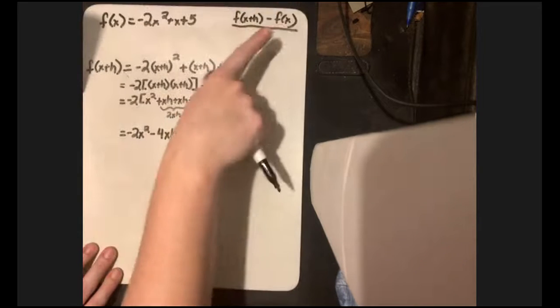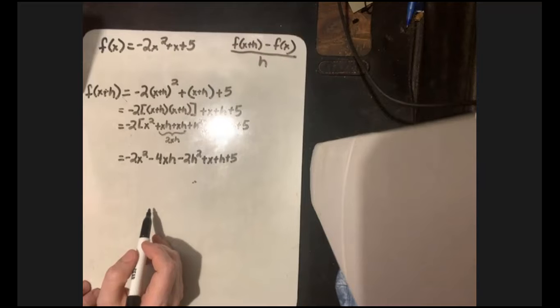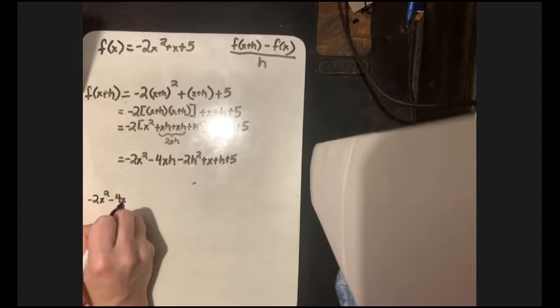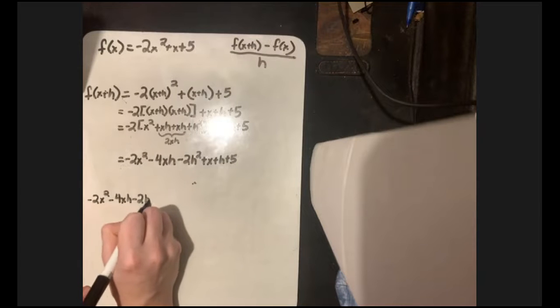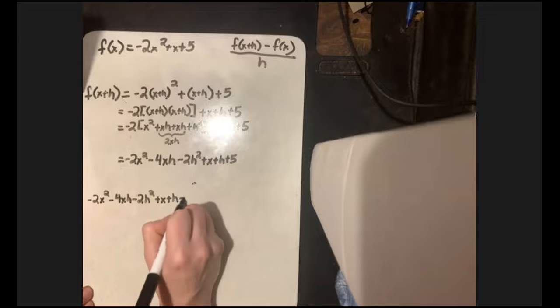Now, I'm going to go back up to here, and this is what I'm now going to utilize. So I've got -2x squared minus 4xh minus 2h squared plus x plus h plus 5.